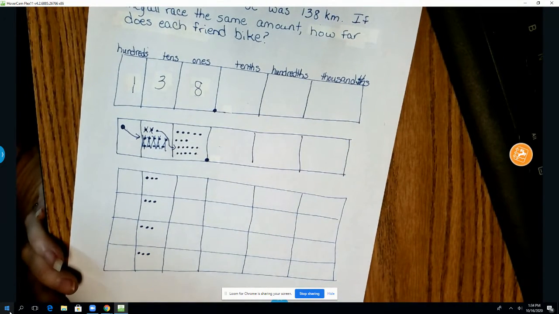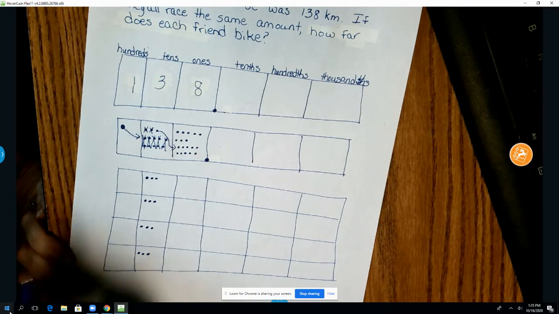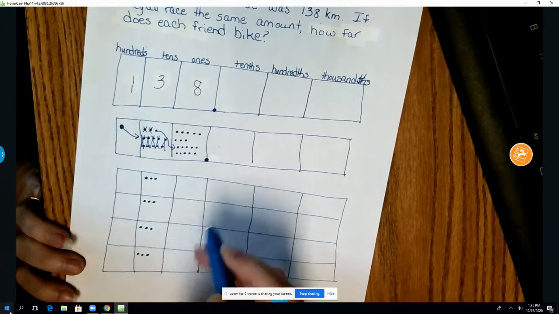How many times can I make 4 groups with 18? Well, I know that 4 times 4 is 16, so I can have 4 groups of 4.